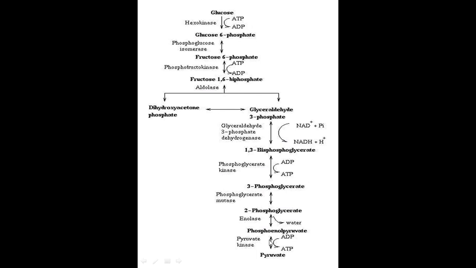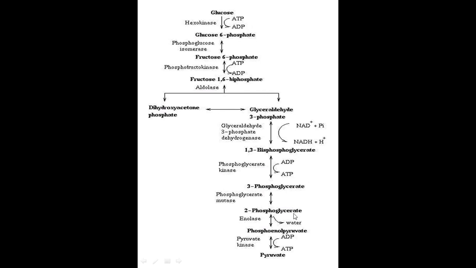So by the time we get to pyruvate, we might have produced 4 different ATPs, because this goes for 2 molecules of glyceraldehyde 3-phosphate. So per 1 glucose molecule we produce 4 different ATPs, but we invested 2 ATPs at the beginning, so we produce a net ATP of 2.